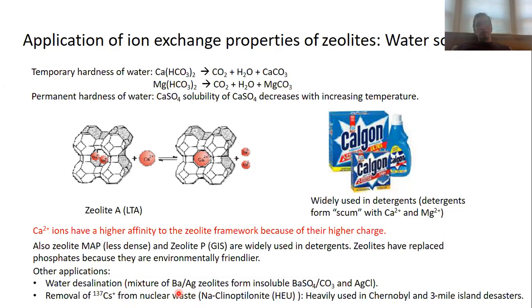So this way of freeing water from nuclear waste was heavily used in the Chernobyl and the Three Mile Island disasters.